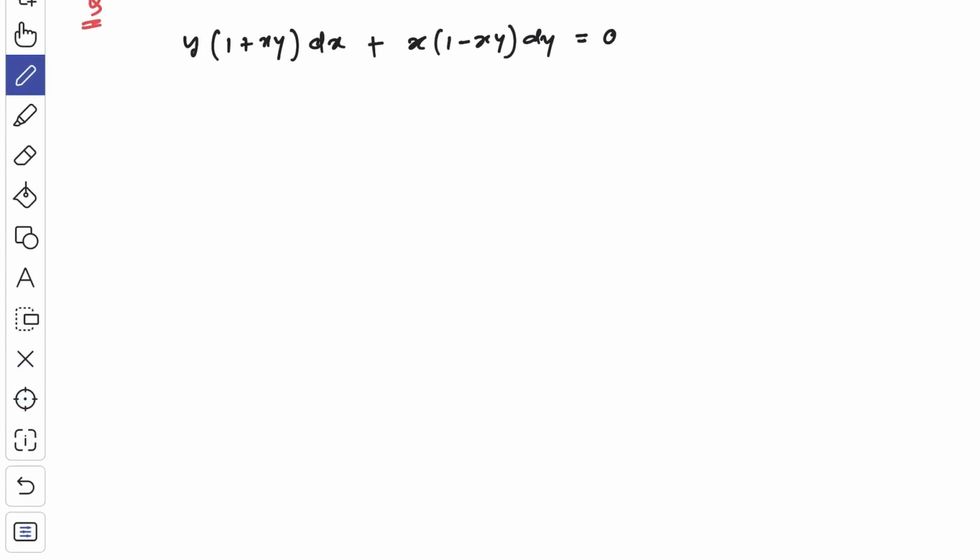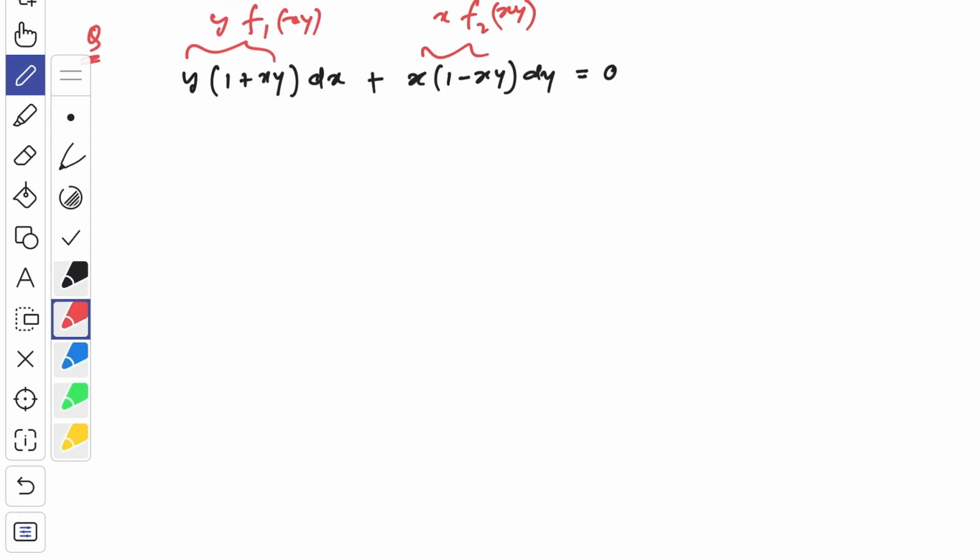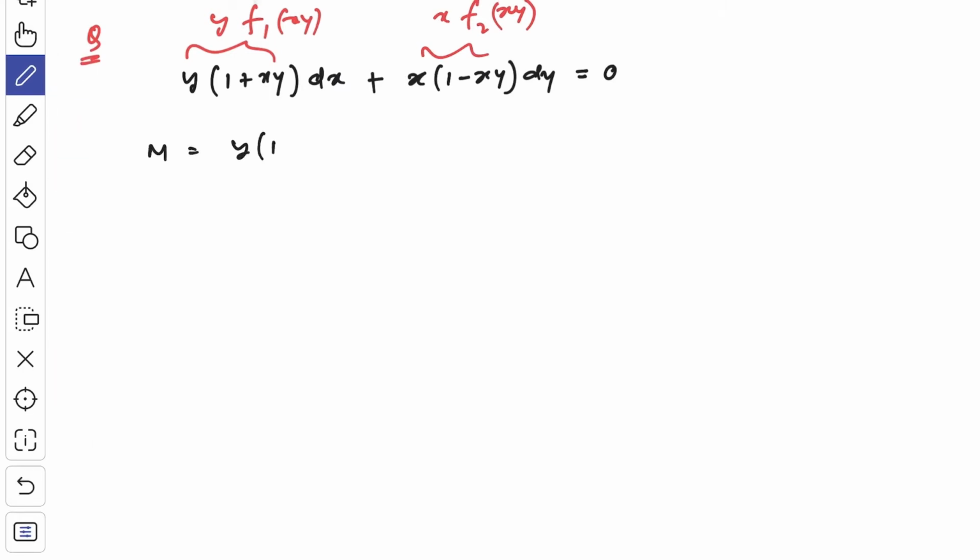So let me give you an example. Now suppose we need to solve this equation. Here you can see this is in the form y into f1 of xy, so it is a function of xy. Here also it is in the form x into f2 of xy. So in this case our M will be y into (1 plus xy), and N is x into (1 minus xy).